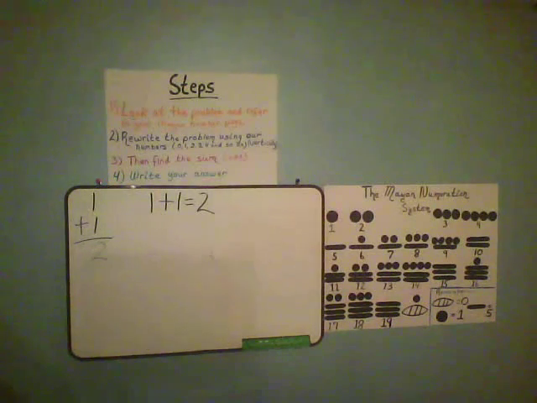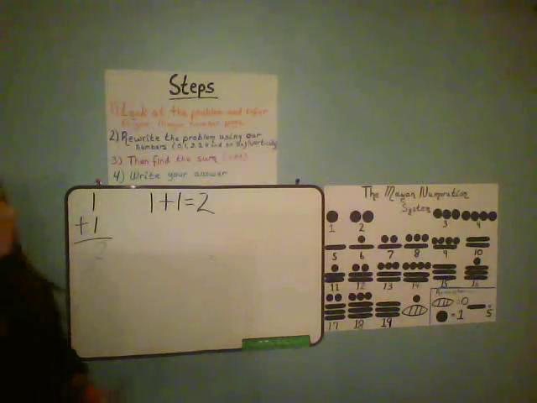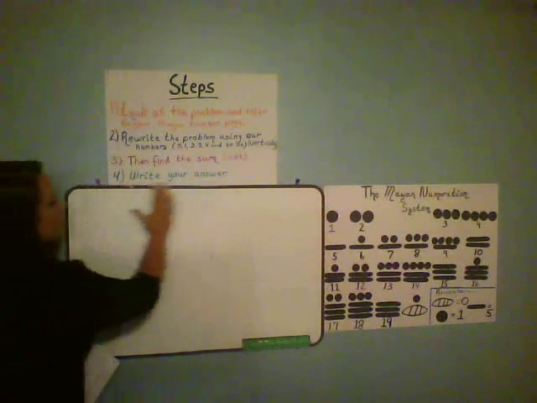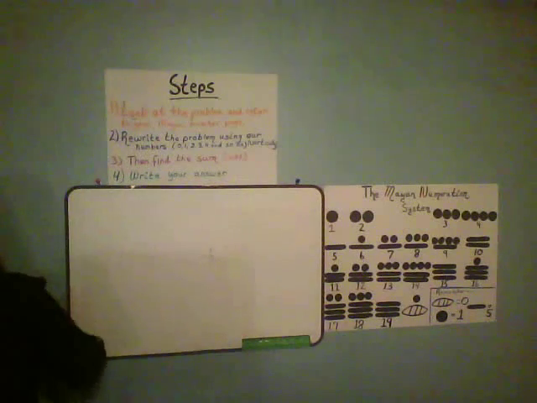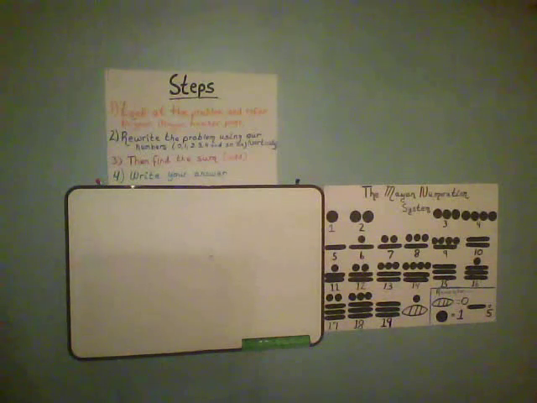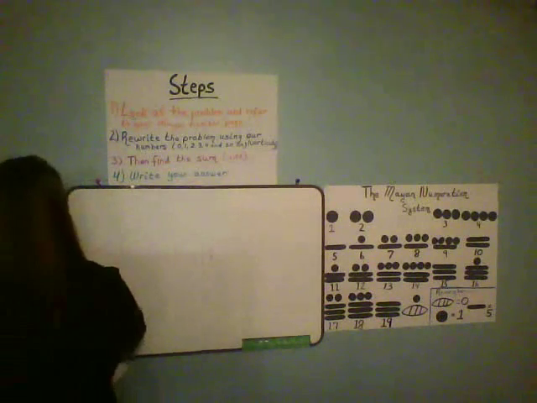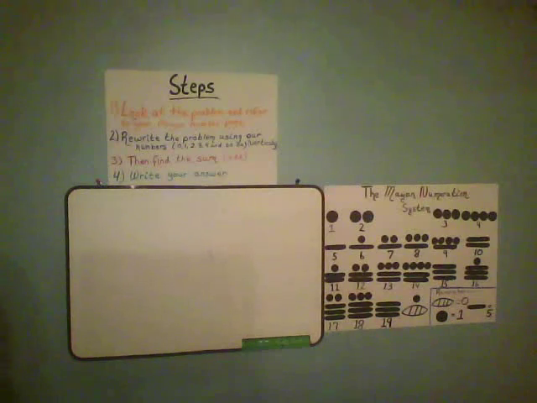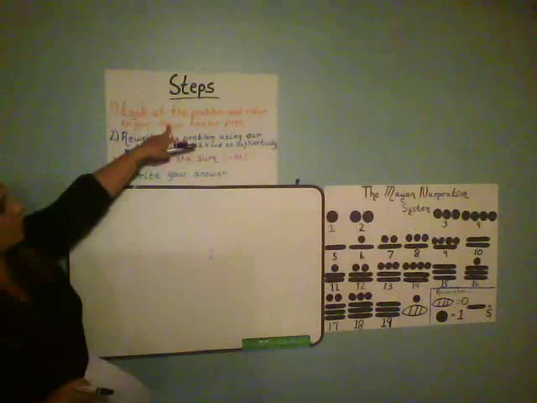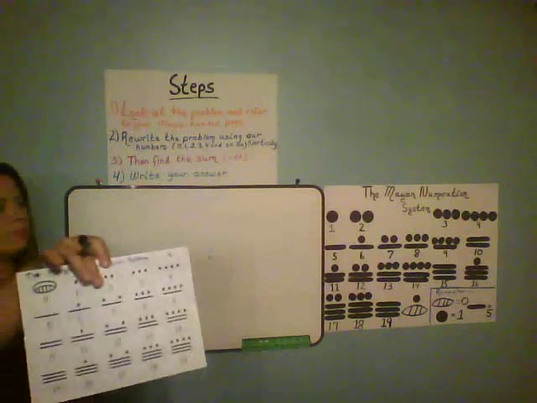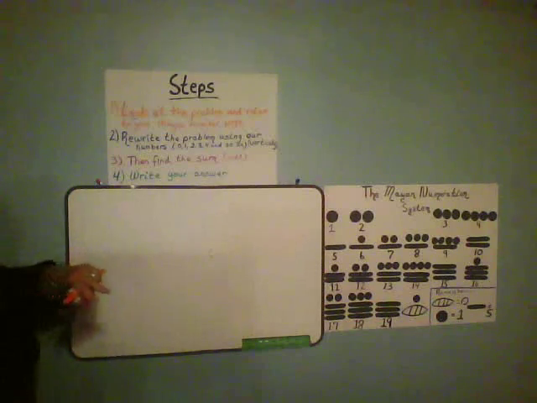So let's do some practice. Now there are 4 steps. These 4 steps are important to remember. You do these 4 steps and you will get this Mayan math adding down with no problem. The first step is you're going to look at the problem. Then refer to your Mayan number page, your little handy dandy chart, or you can look at my poster board.